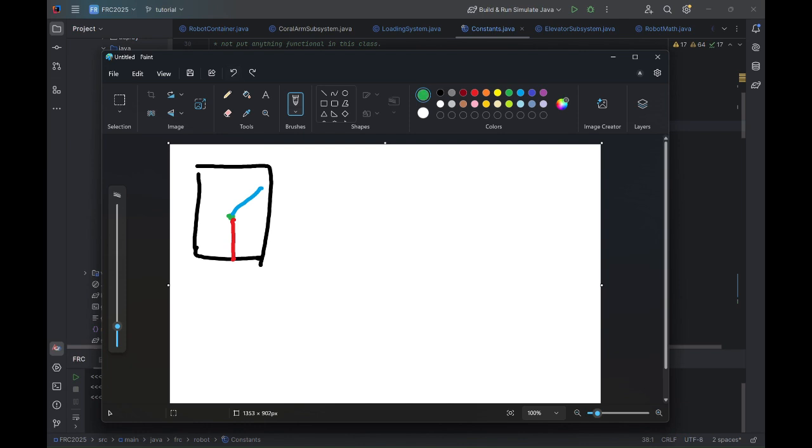It works like that. So starting from the bottom, we have the pivot point, and when the elevator needs to go up, it's actually the pivot point that goes up, and the elevator will set to the length you want.